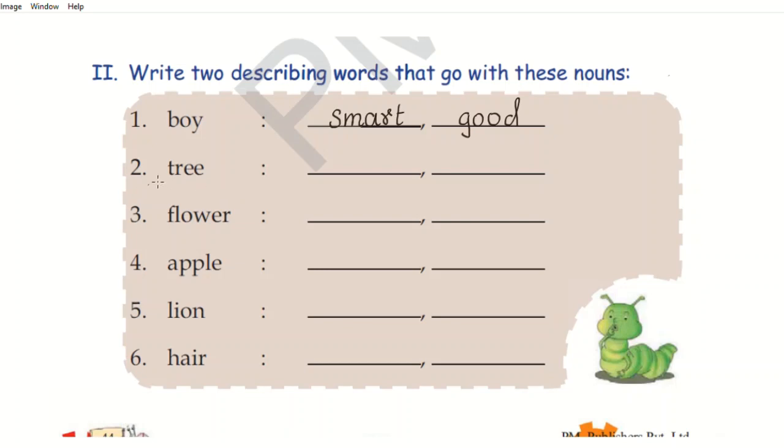Let's see the second noun given, tree. The 2 different describing words for tree. Let's write big. The other describing word for noun tree. Let's write green.